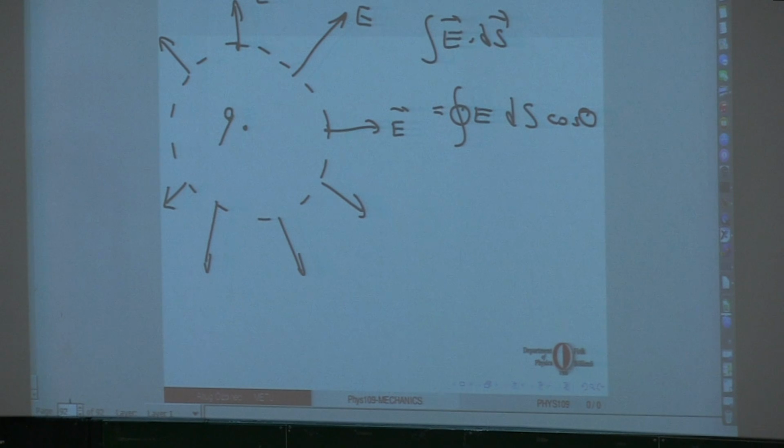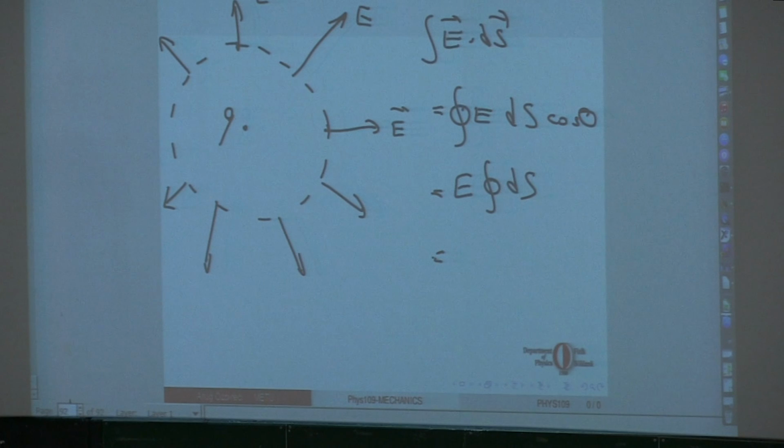Now, we had already concluded that the electric field on this surface has to have the same magnitude no matter where I am. In this step, we use the fact that we had already determined the direction of the electric field. It has to be radially outward. Now we will be using the fact that the electric field on this surface should have the same magnitude everywhere. If it has the same magnitude everywhere on the surface, this is just a constant which I can take out of the integral. Integral of dS.